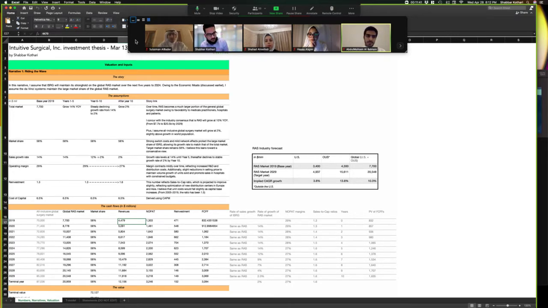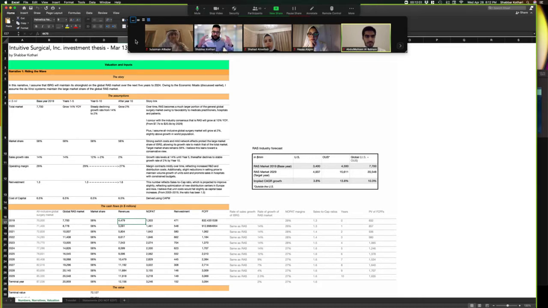Let's discuss narrative 1. What did I assume? Well, I started from the top. I thought about the total market and the size of it in dollars for ISRG. The total market is like the playing field, the field that ISRG operates in.